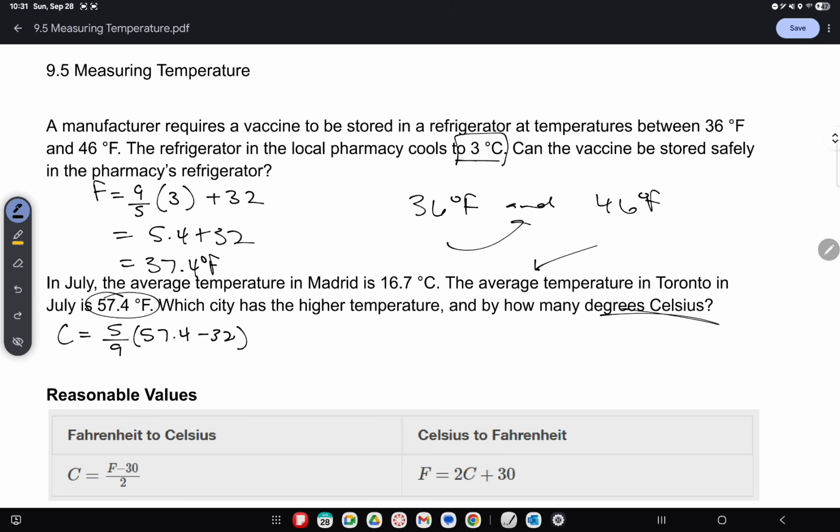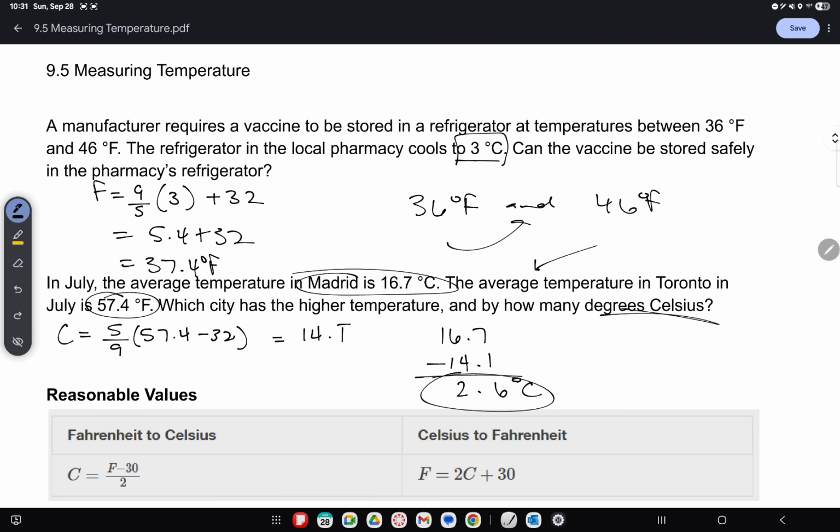So 57.4 minus 32. And then if I multiply by 5 and divide by 9, I get 14.1 repeating. So the difference, 16.7 minus 14.1 is 2.6 degrees Celsius. And which one is higher? Madrid.